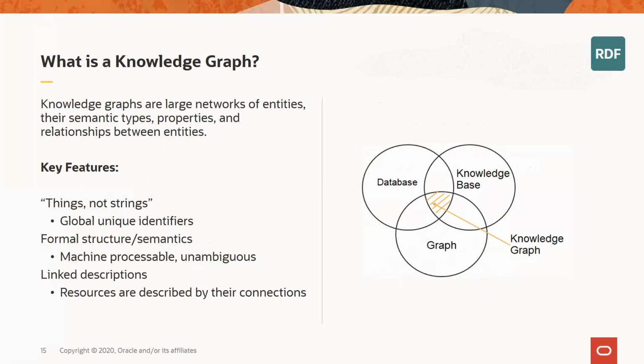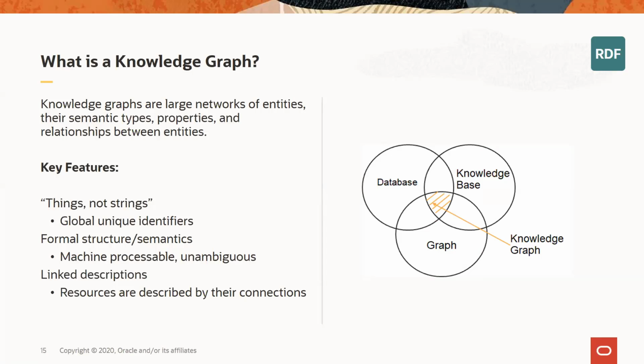A lot of the concepts are similar to what Gianni just introduced, but there really are some key differences. You could think of a knowledge graph as the intersection between a database, a knowledge base, and a graph, this center area over here. But the key differences are, firstly, the entities, the nodes, are things, and they're not considered strings, they're things.